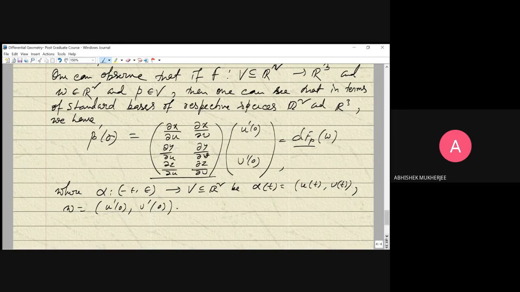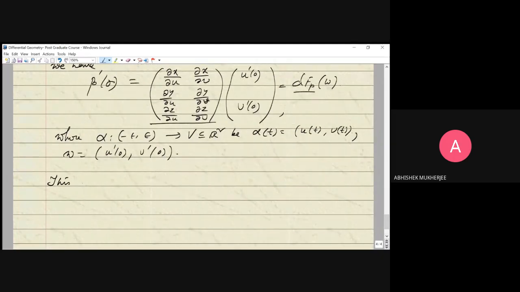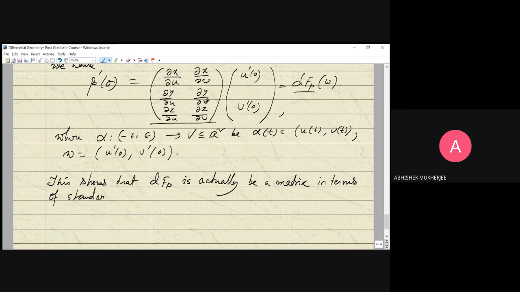So this shows that dFp is actually a matrix in terms of the standard basis of R2 and R3, and dFp depends only on the partial derivatives, right?